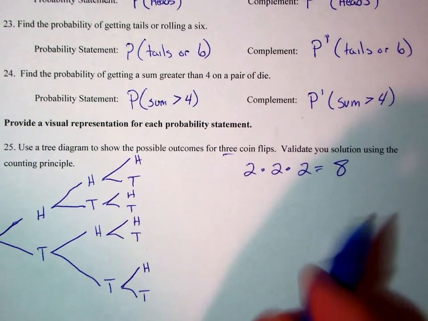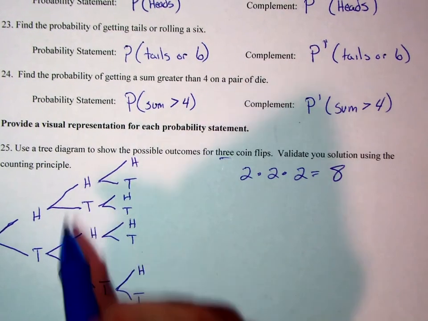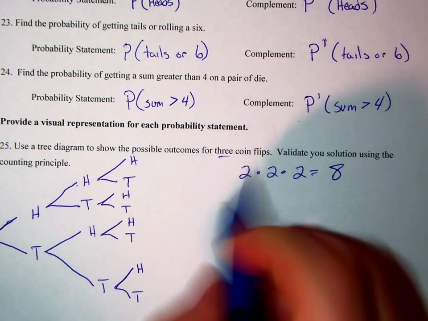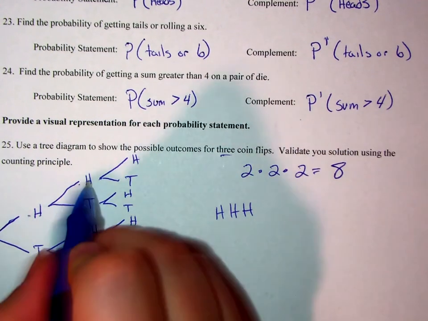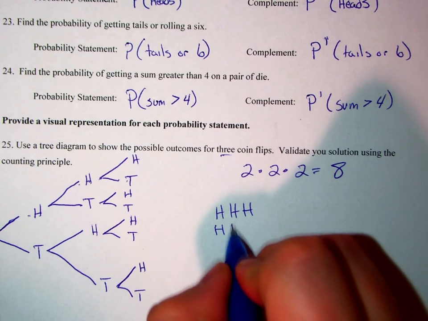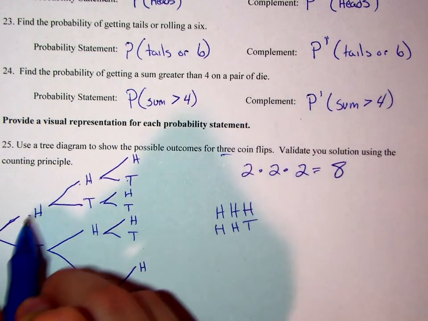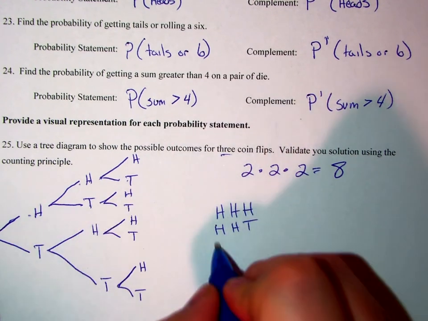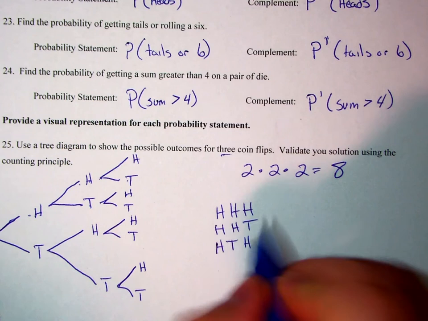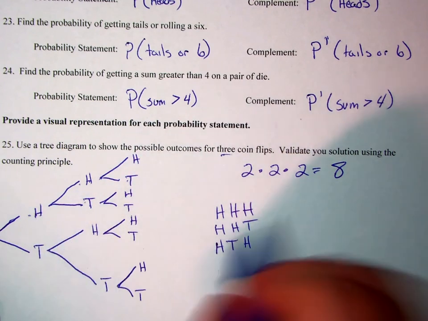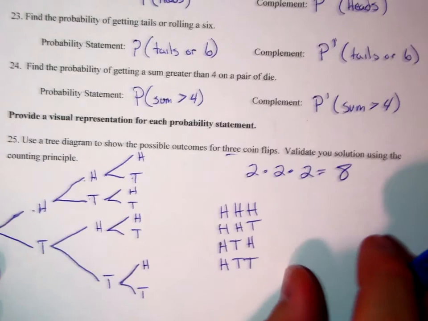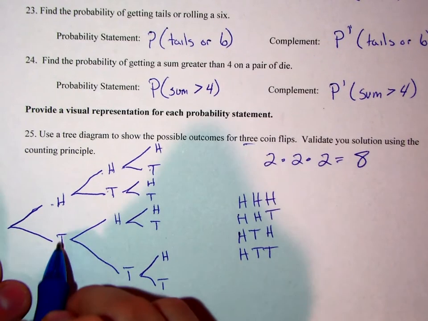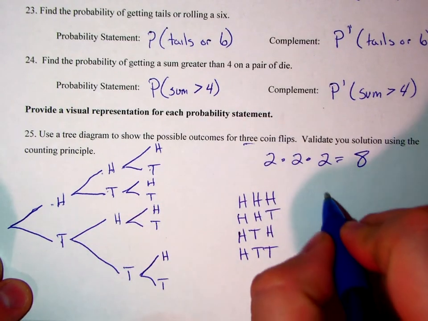And so now I can create a list showing my possible outcomes. One would be heads, heads, and heads. Another would be heads, heads, tails. Third, heads, tails, heads. Fourth, heads, tails, tails. Fifth, tails, heads, heads.